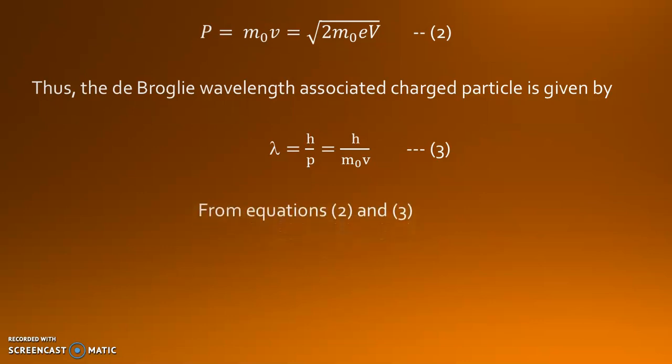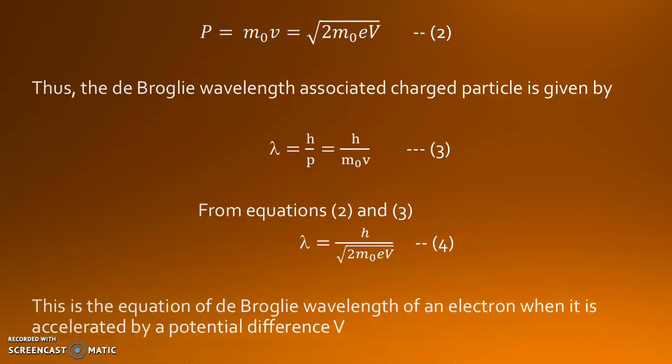So from equations 2 and 3 we can write lambda is equal to h upon root 2 m naught eV. This is equation number 4, and it gives the de Broglie wavelength of an electron when it is accelerated by potential difference V.